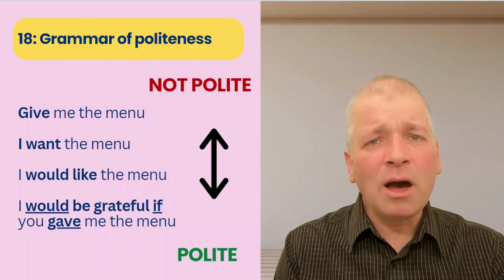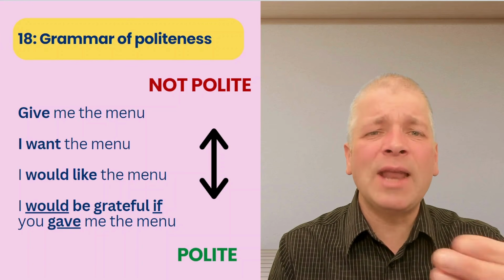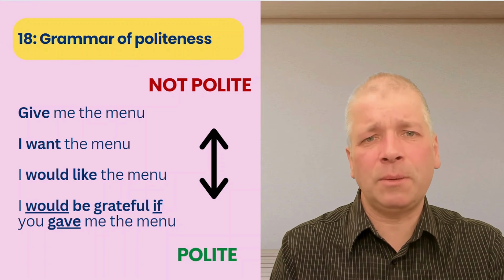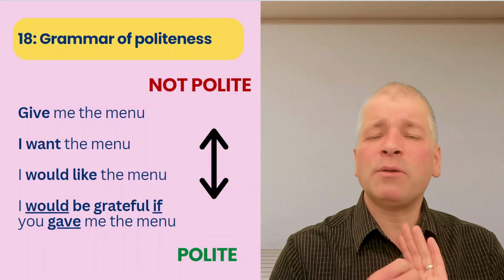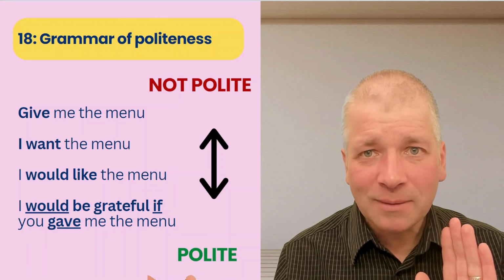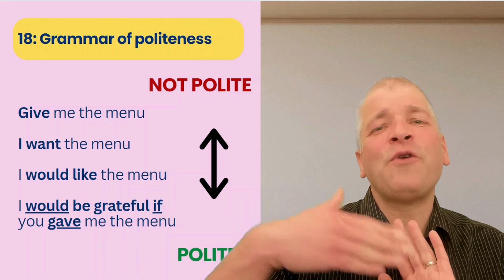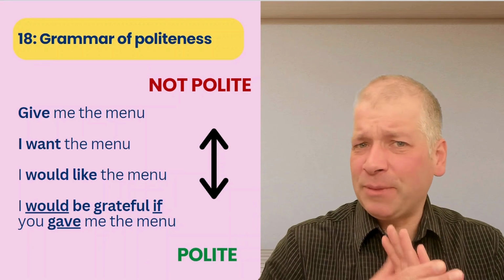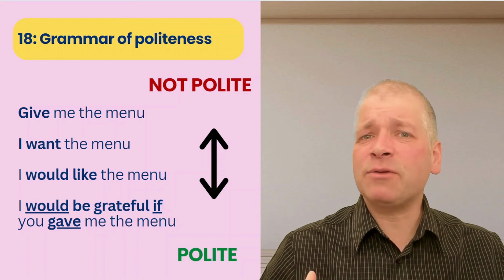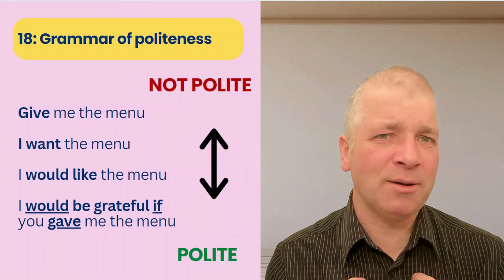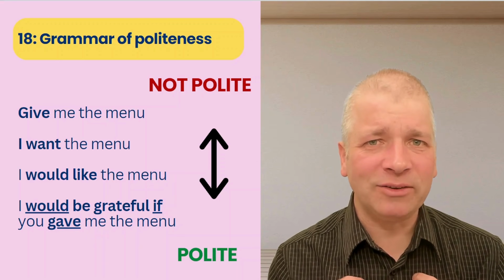And then in the last sentence, gave, we've now put the main verb into the past as well. And this puts distance in time, because if you make the verb past, then the past is further away from now. If something is further away, more distance, it's less threatening, it gives the person more space when they're answering, and it makes it more polite.